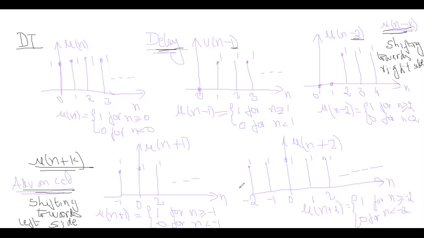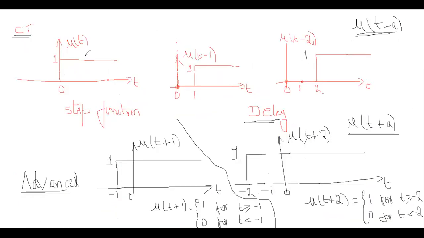The remaining values here are 0, at minus 3, minus 2, and here also minus 2, minus 1. The remaining values on the left hand side are zeros only. But always the remaining values we have are on the positive side towards the right side. Okay, these are the reference for the discrete and these are the reference for the continuous time.